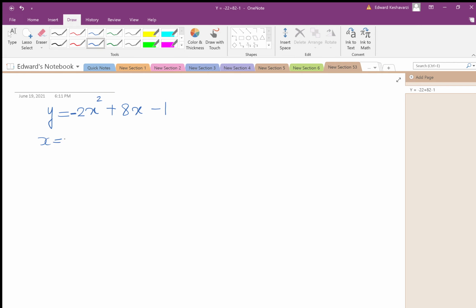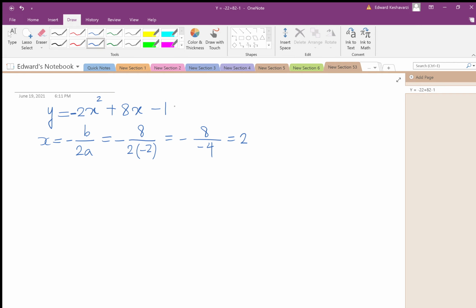So x of vertex can be written as negative b over 2a. b is 8. 2 times a is negative 4. Therefore, we will have negative 8 over negative 4, which is 2. So it means the x of vertex is 2.